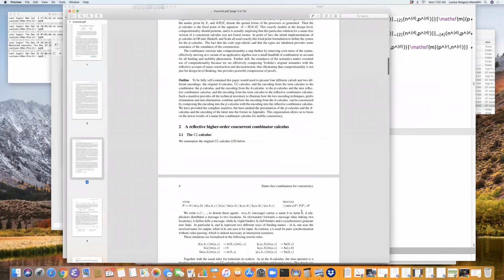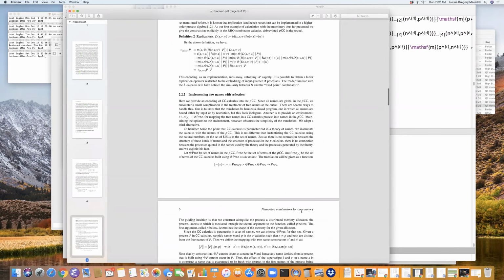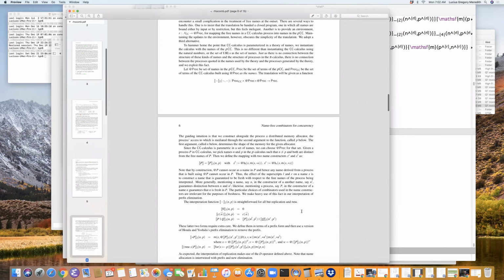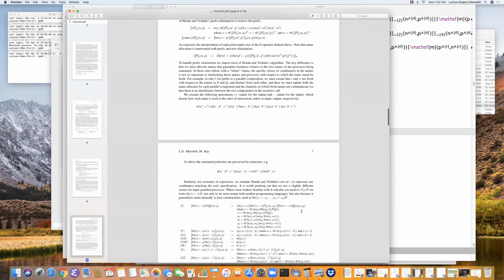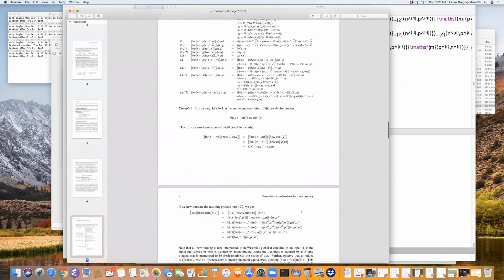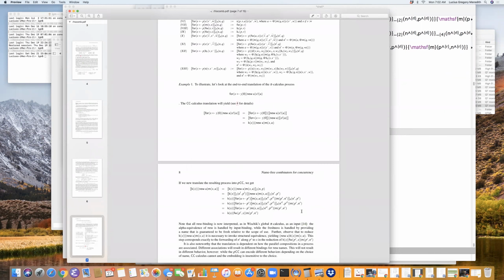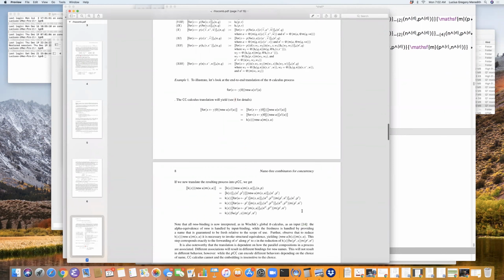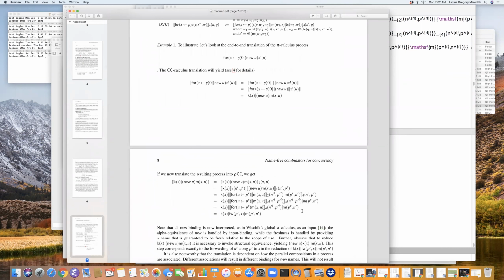So here's the revised draft, which you can also get from GitHub. And essentially what we're doing is, in the example, which is a very common sort of paradigm in the pi calculus, you're listening for, oh, whoops, there's a typo right there.